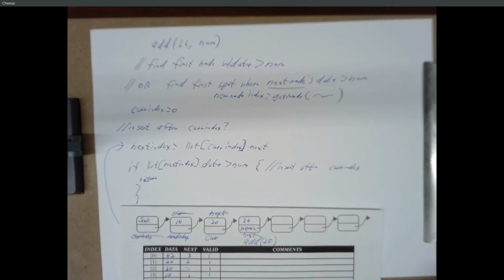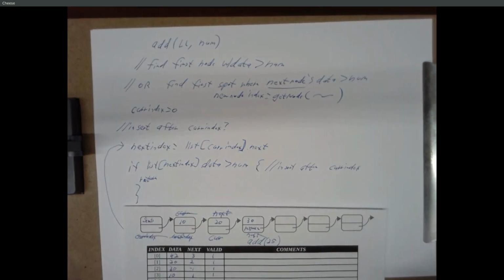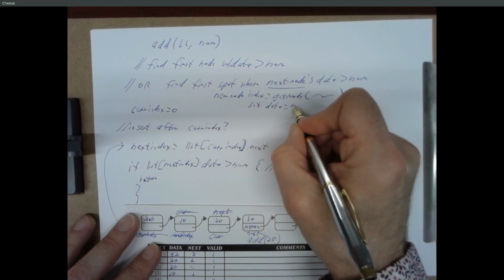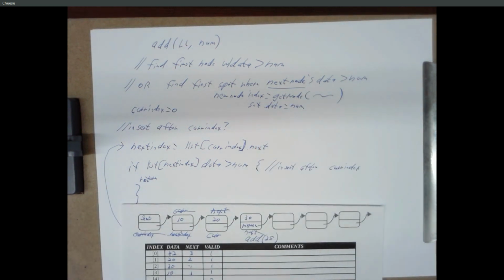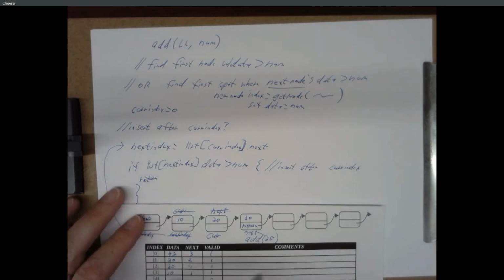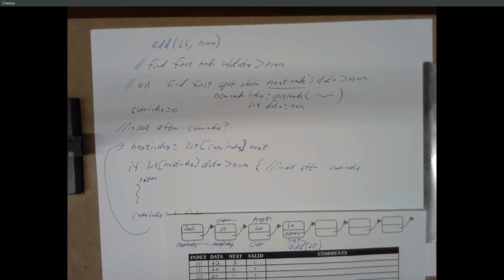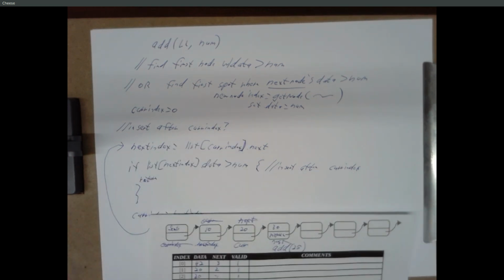Right? Call the get node function to get the index of a new node and set the data equal to num. And get node should set the valid flag for you. And so down here, make this adjustment on the next field and return. Otherwise, move down the list.